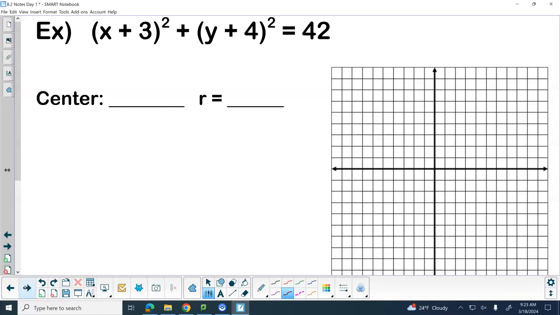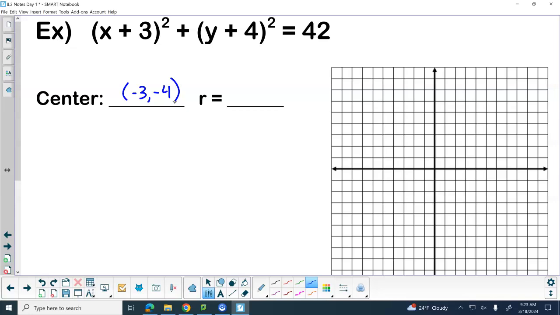Well, try this. Where's the center? -3, -4.